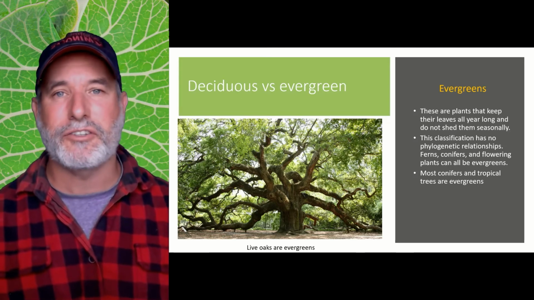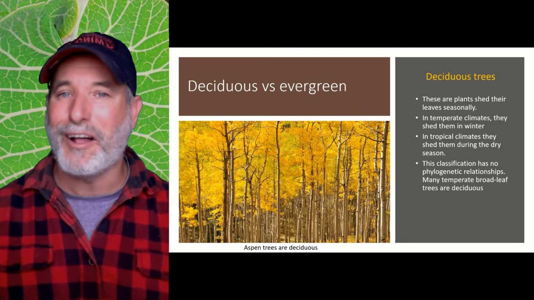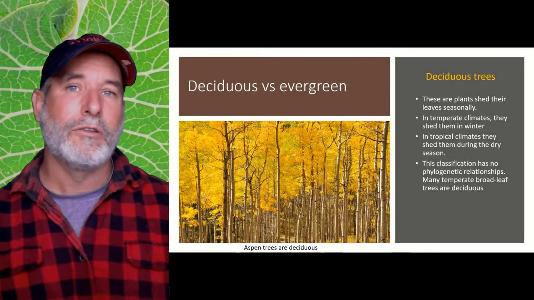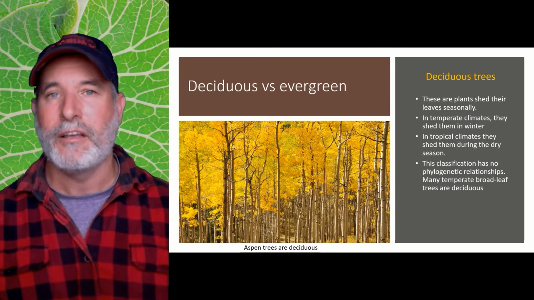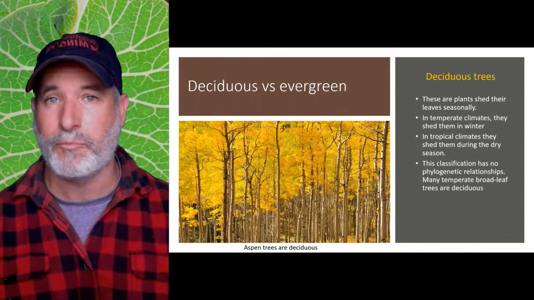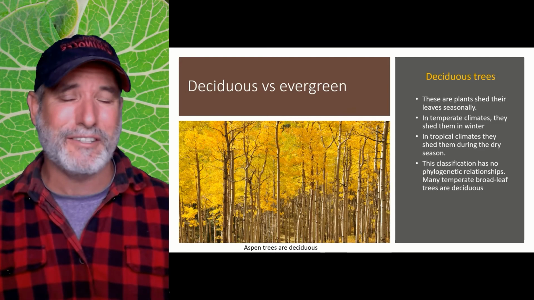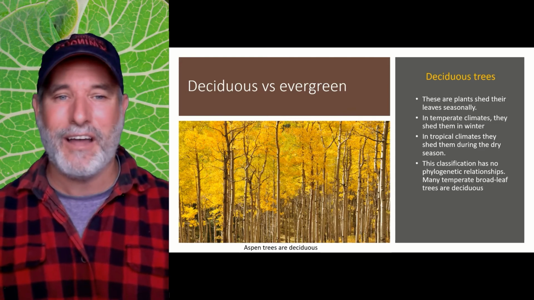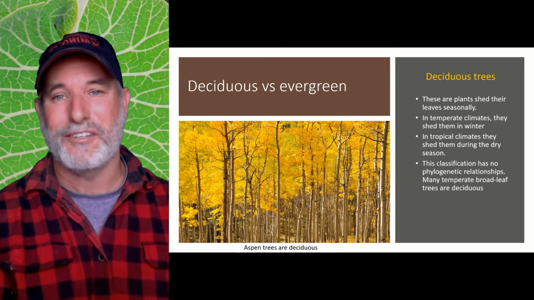A deciduous tree, like the quaking aspen, and a lot of oak trees, not live oaks, but a lot of the other oak trees and aspen trees, they will lose their leaves in the wintertime and enter a state of dormancy. At least that's how they do it up here in the temperate regions of the world. There are some places in the tropics that get really dry throughout the year. And you'll see these deciduous tropical forests. It's really wild.